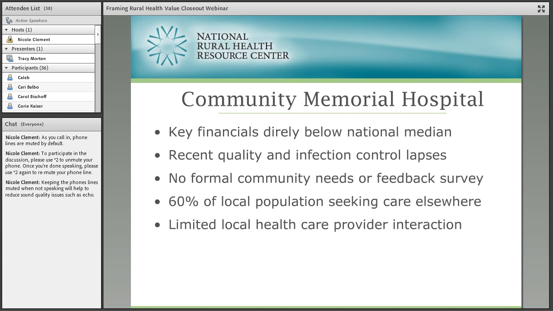So pretty much any area of the hospital that could have something going wrong with it really did. Not that everything was completely in the pits, because they were still open, but they really needed some help in pretty much all different areas. And as we discussed going through the framework, the different areas of the hospital all intertwine with each other, and a framework could really help them be supported better.